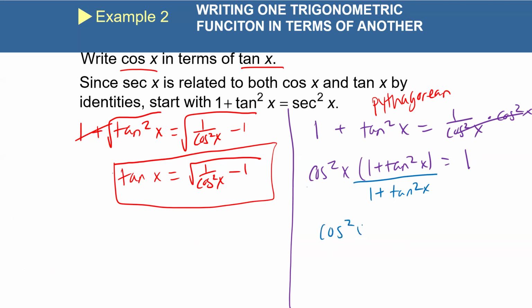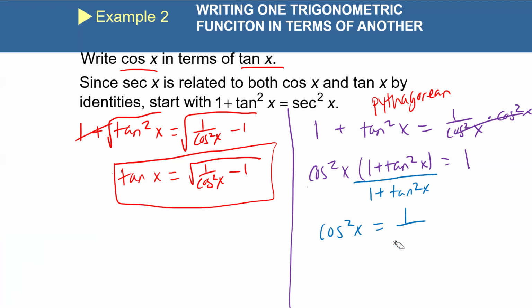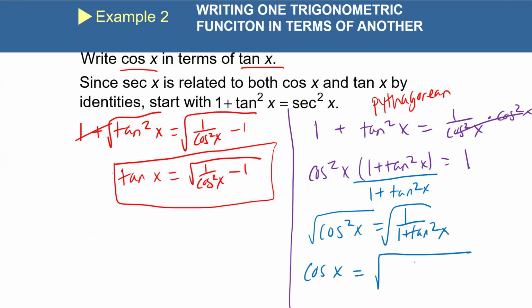So we get cosine squared x equals 1 divided by 1 plus tan squared x. And then the last step to get cosine by itself, take the square root. So cosine x equals the square root of 1 over 1 plus tan squared x.